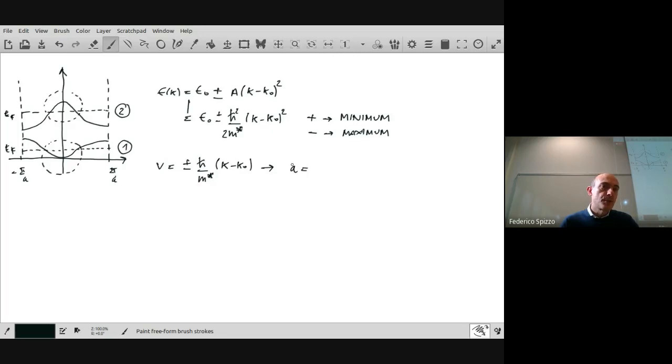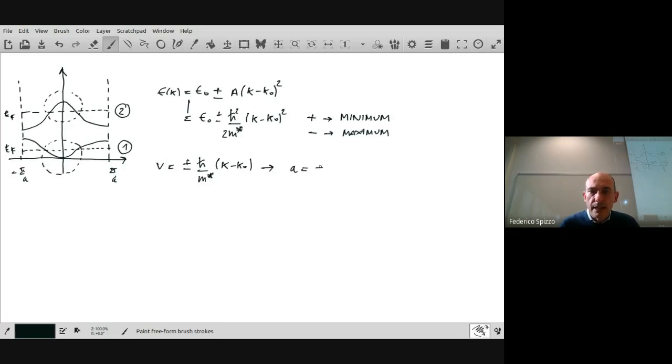But if I suppose to make a sort of expansion of the energy versus wave vector dependence close to a minimum or to a maximum, in case I find a parabolic dependence, then I have the same behavior of free electrons. So here I am applying everything I know about free electrons to this situation. So now I'm making all the calculations just as if I had only free electrons.